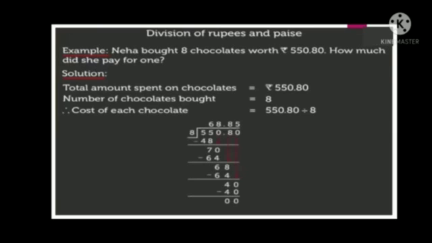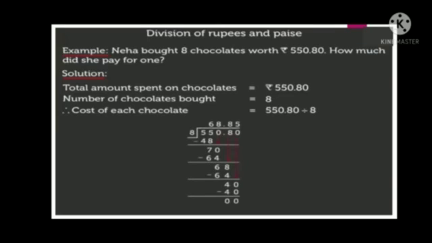So for solution we can write, first we have to write total amount spent on the chocolates, which is rupees 550.80. Then number of chocolate bought, means how many chocolates did Neha bought. So she bought 8 chocolates. After that, we have to find out what is the cost of each chocolates.